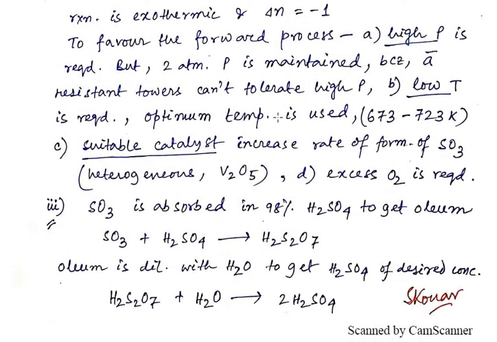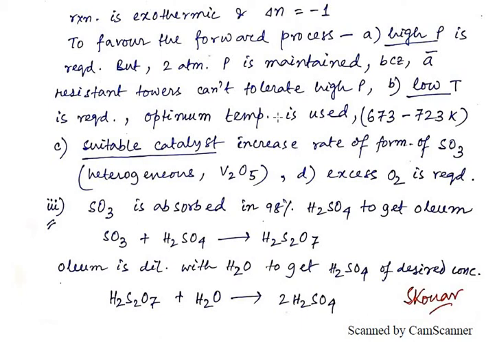Next, when we get the SO3, then a suitable catalyst we have to use which increases the rate of formation of SO3. So here we are using V2O5, the vanadium pentoxide catalyst, and an excess amount of oxygen is required to facilitate the reaction.